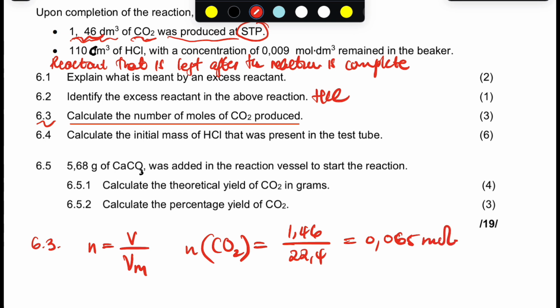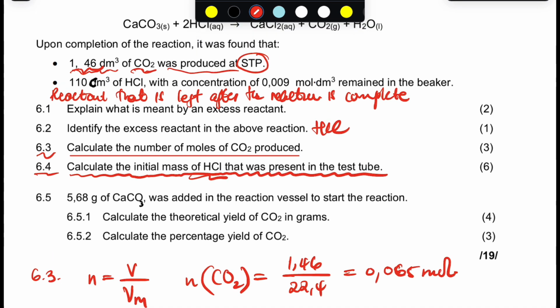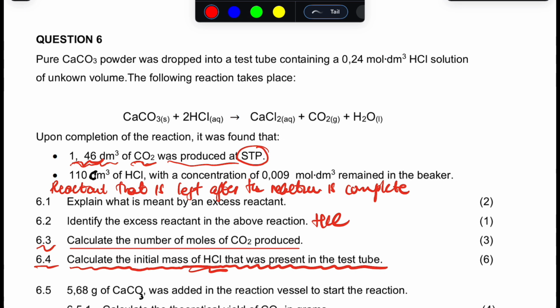So now let's go to the next question, 6.4. It says calculate the initial number of moles of HCl present in the test tube. Guys, in order to get the initial number of moles, remember I said this is going to be an excess.